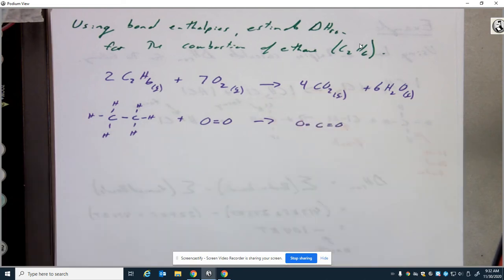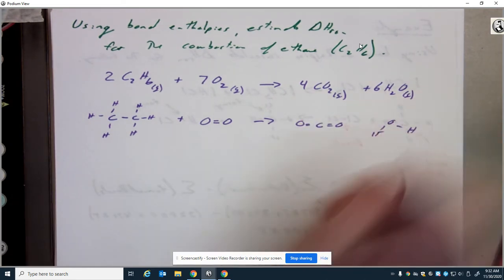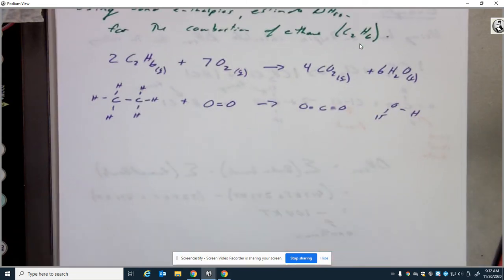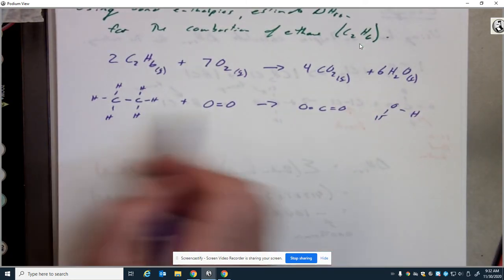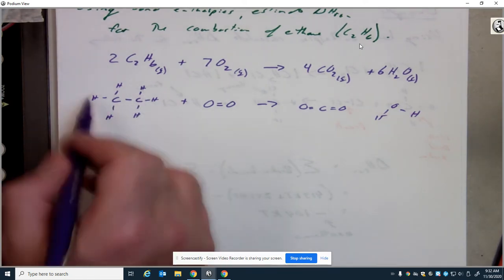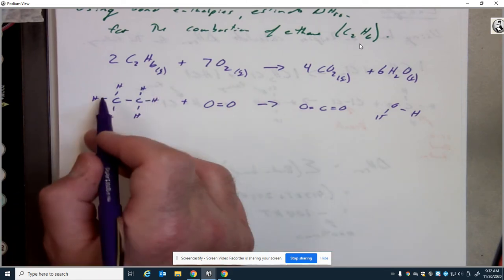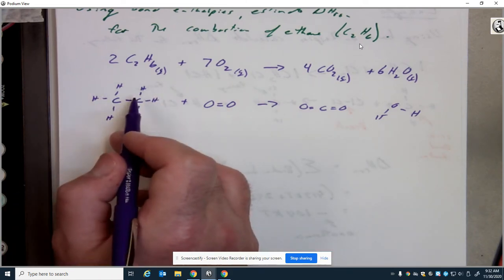Carbon dioxide has a double bond. And then our water has single bonds. Now, you have to figure out how many bonds we're breaking. We're breaking a lot of bonds because none of this ethane is on the other side. So every single one of these bonds is breaking.